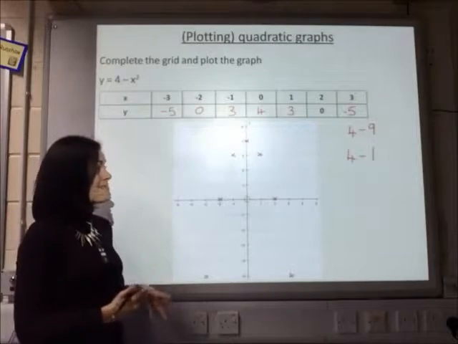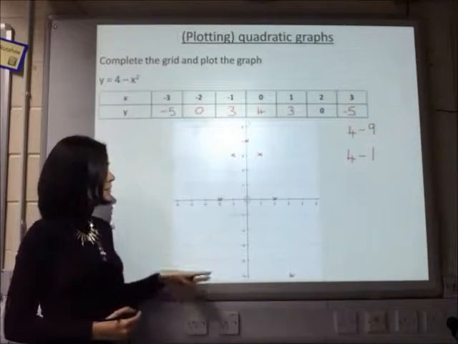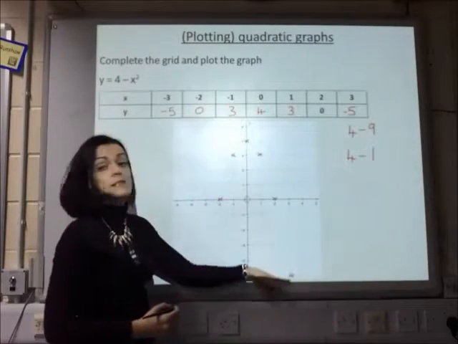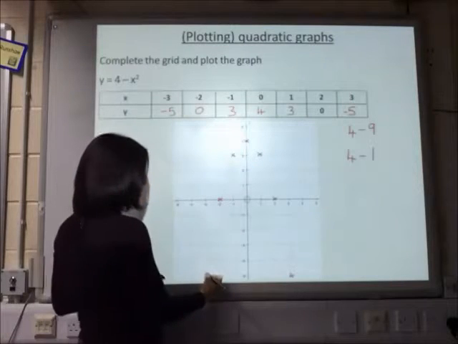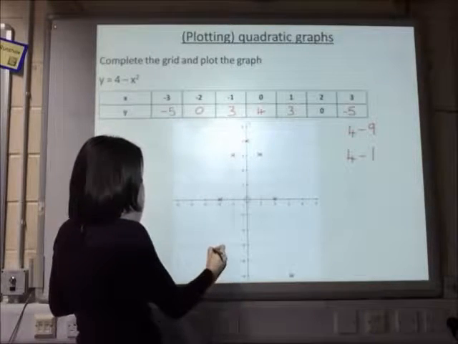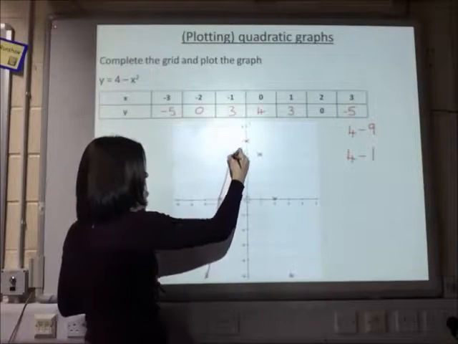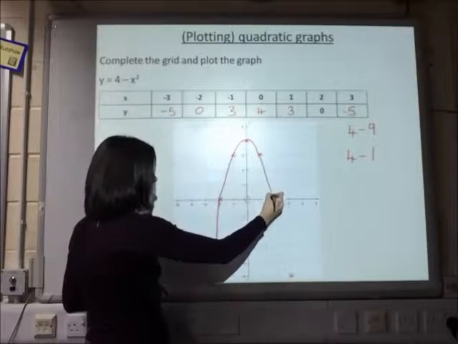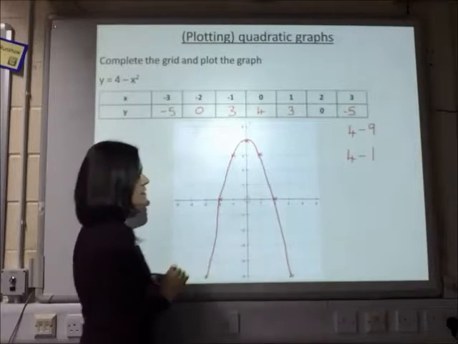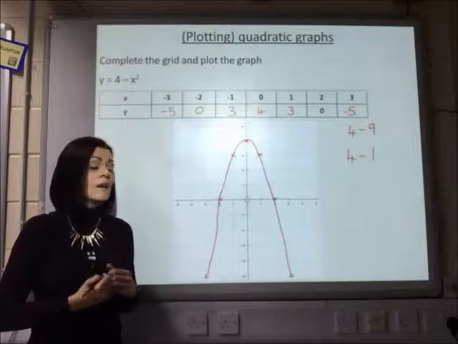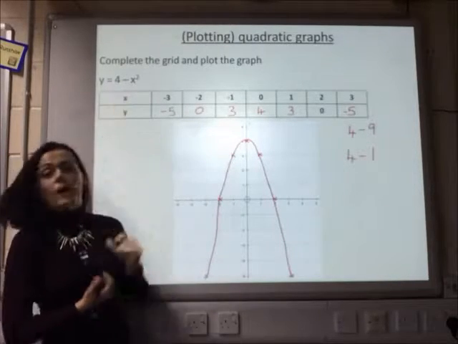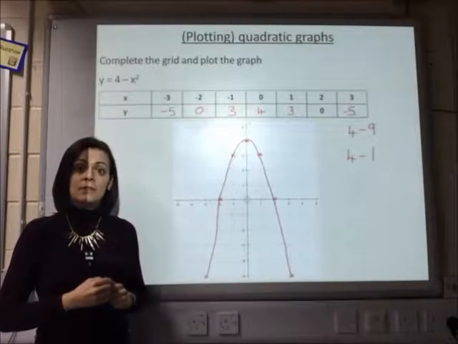And again, it's a nice, smooth, curved graph. This one's upside down, but it's a similar shape to the one we had before. So join them up freehand, but as smoothly as you can, to give us a nice smooth graph. So that is the graph of y equals 4 minus x squared.